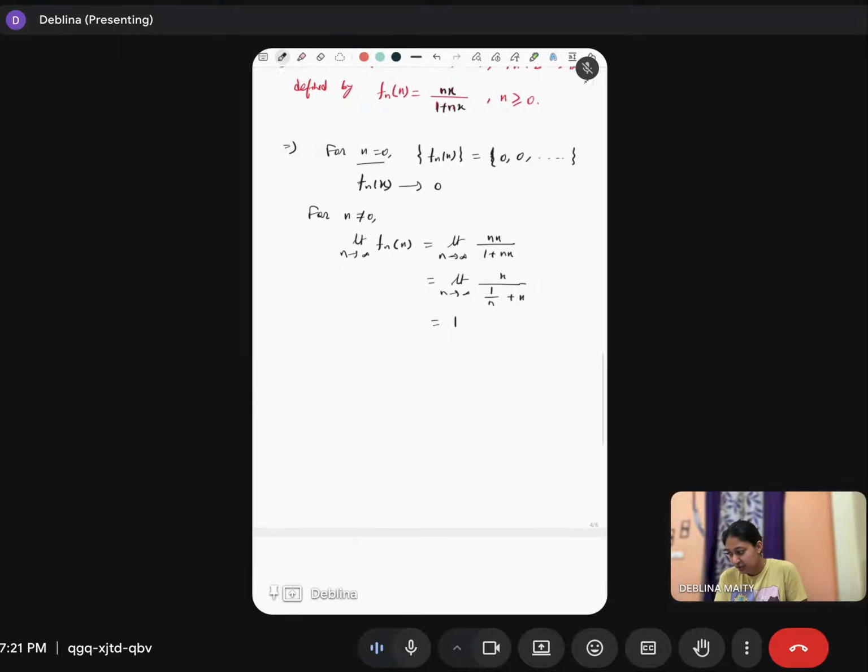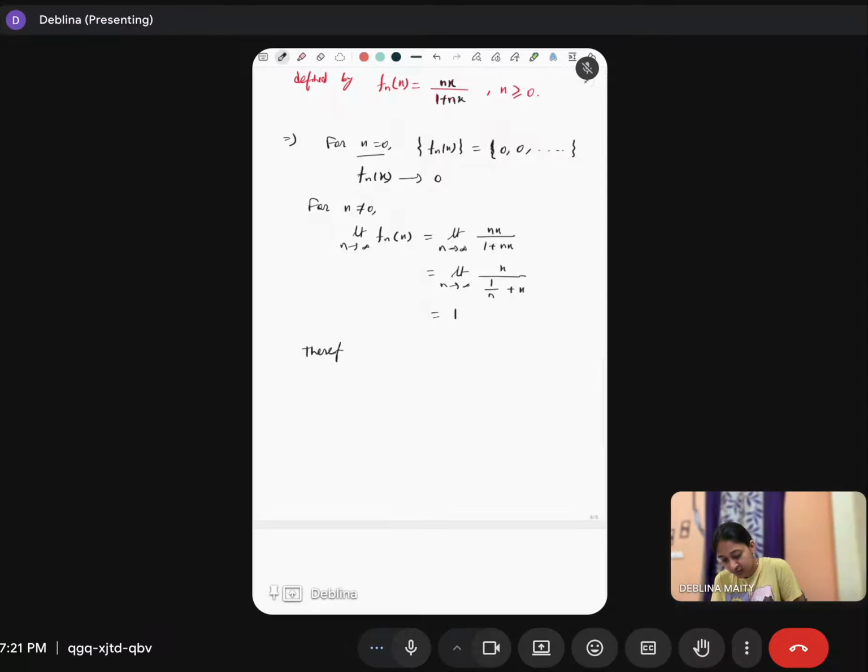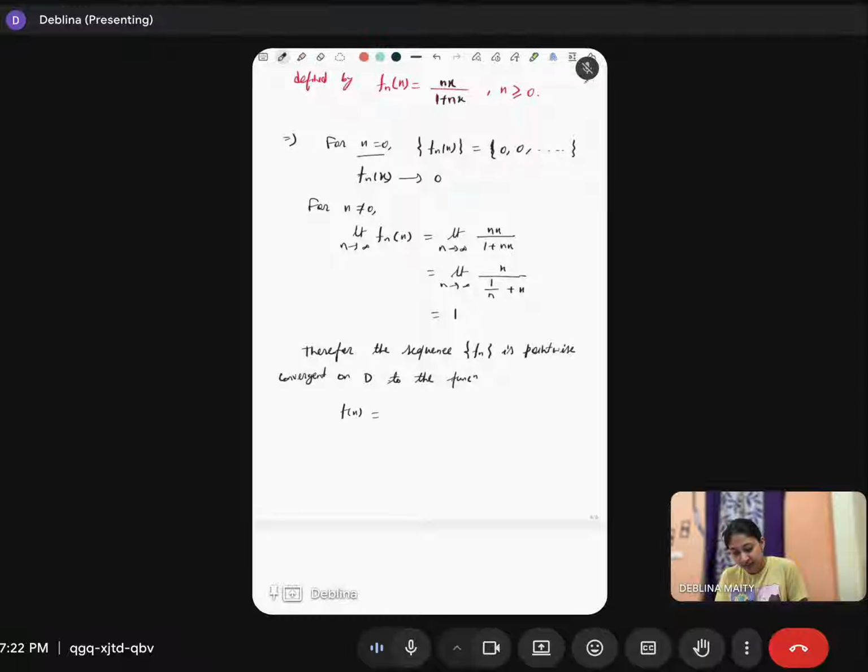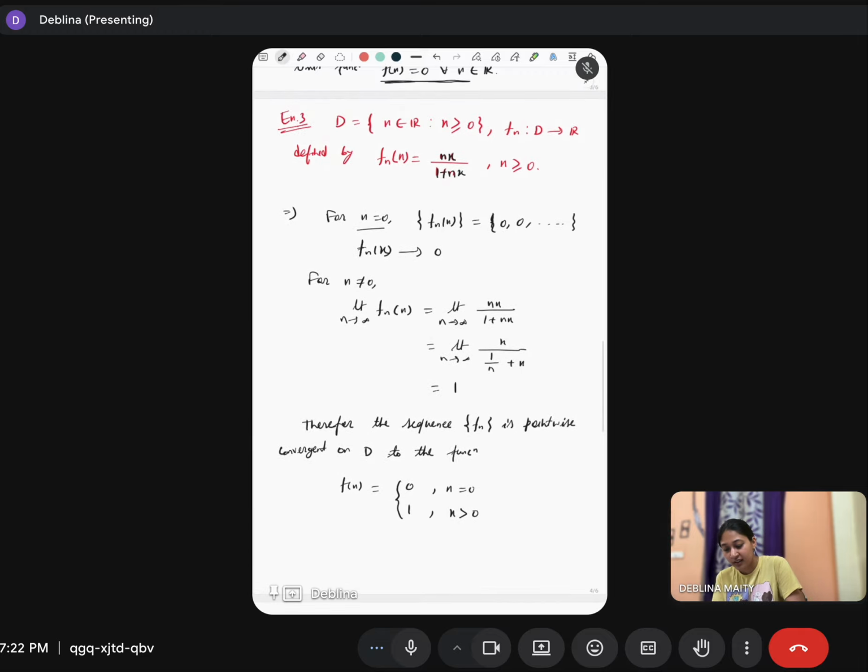So therefore the sequence fn is pointwise convergent on D to a function, and the pointwise limit is, f(x) is what? f(x) is 0 when x is 0 and 1 when x is greater than 0. x non-zero means x is greater than 0, because our D was what? x greater than or equal to 0.